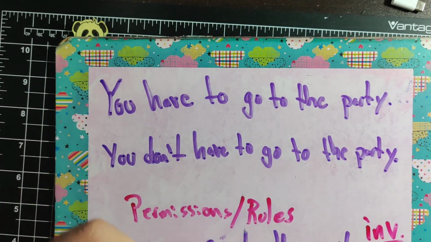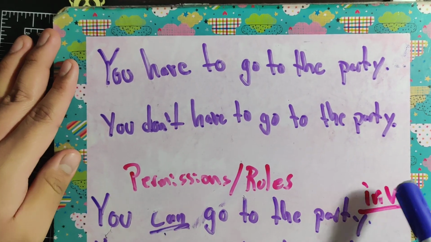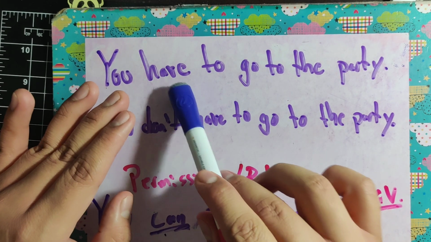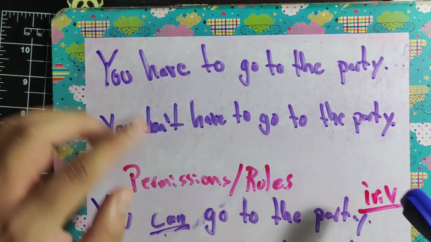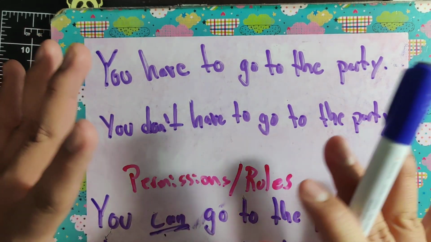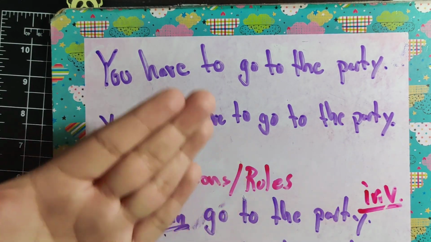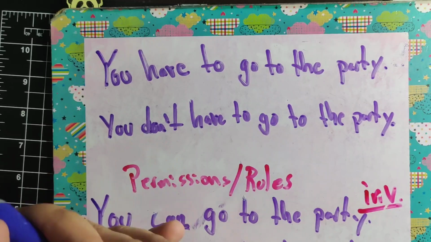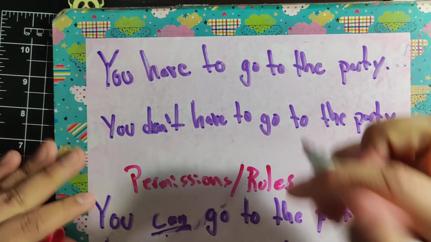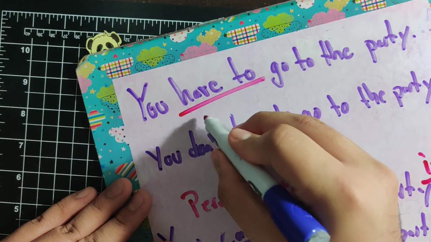What's the difference between these? Let's talk about invitation-wise. You have to go to the party. In other words, when you're saying you have to, is that you have an invitation, tiene una invitación, but you do not have an option. No tienen una opción. You have to go. Tienen que ir. Están obligados. You're obligated. It's by force. Okay? So, have to is an obligation.